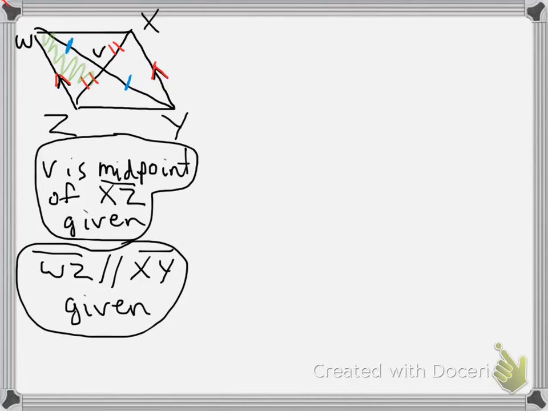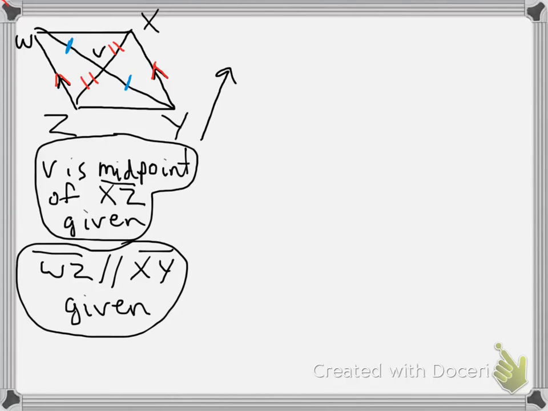So let's do that right now. And the first thing I'm going to use is, whoops, I'm in the wrong one. When something's a midpoint, we know it cuts it in half.